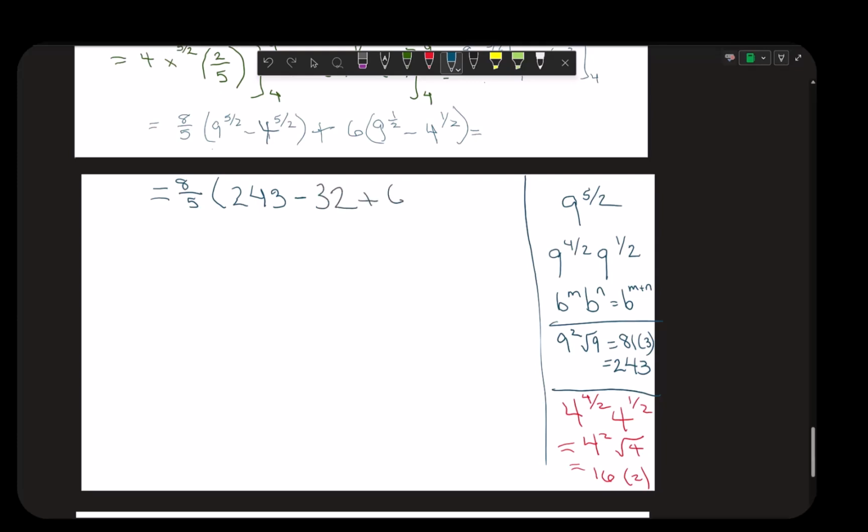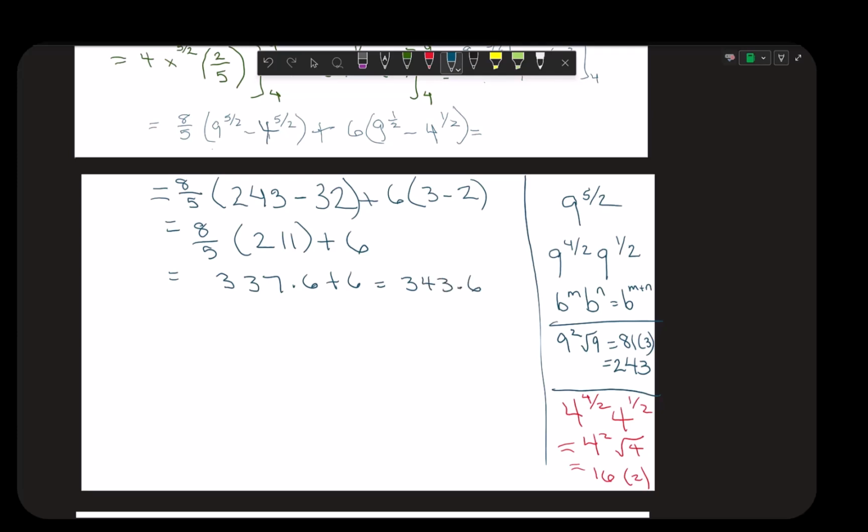Plus 6 times, this equals 8/5 times 211, plus 6 times 1, which is 6, which equals 343.6. And that would be my final answer.